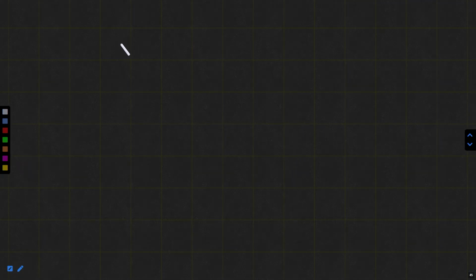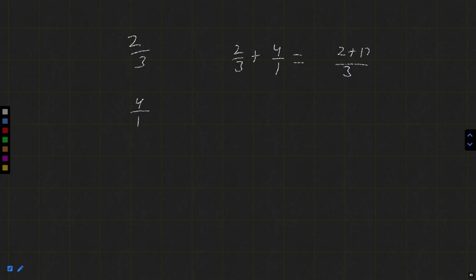So we have 2/3 and 4/1, and we add 2/3 and 4/1, we get (2+12)/3, which is 14/3. Now if we add 4/1 plus 2/3, we are still going to get the same answer.